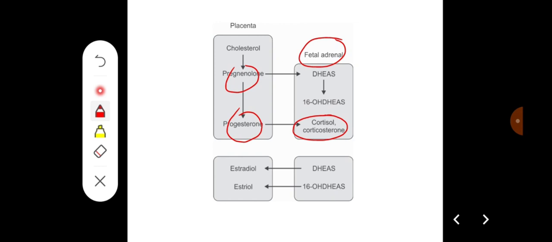Whereas the placenta helps in the production of estradiol and estriol, which use the DHEAS as a substrate produced in the fetal adrenal. So thus the fetoplacental unit helps in the production of estrogen and progesterone mutually.